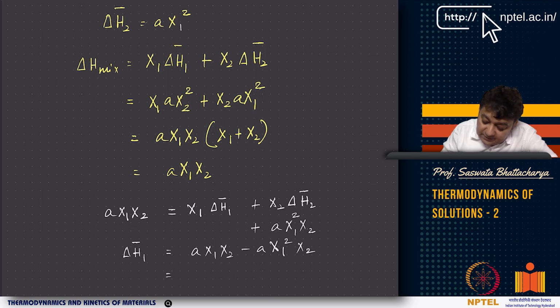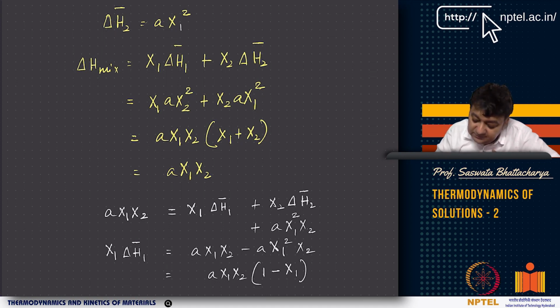Now you take x1 x2 common, and then you get 1 minus x1, so this becomes x2, so a x2 square x1.